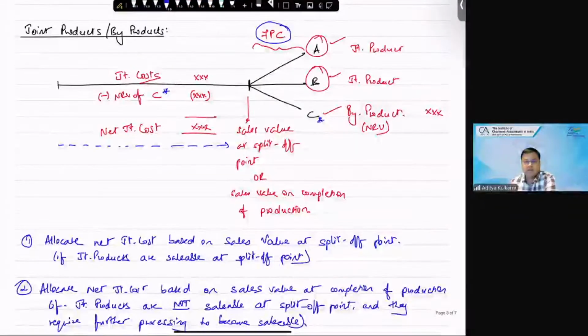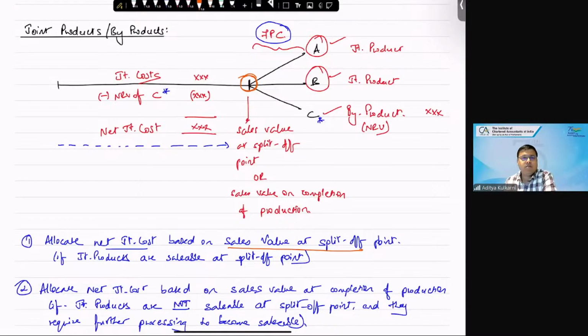But on what basis? I will allocate the net joint cost based on sales value at split off point. इसको हम लोग बोलते हैं, we call this as the split off point. At the split off point, the products get split into two products. So if my products are saleable at the split off point, I will allocate the net joint cost on the basis of sales value at split off point.